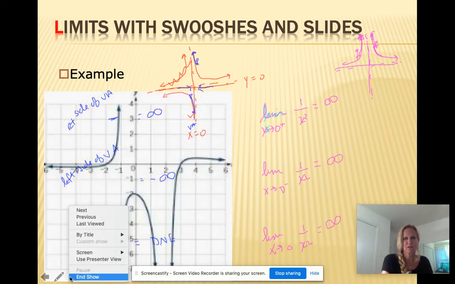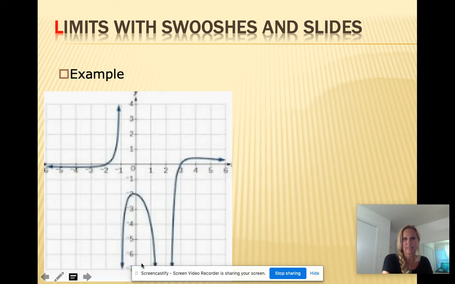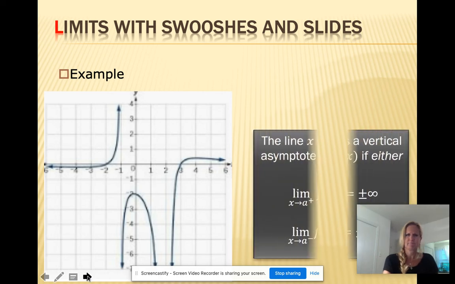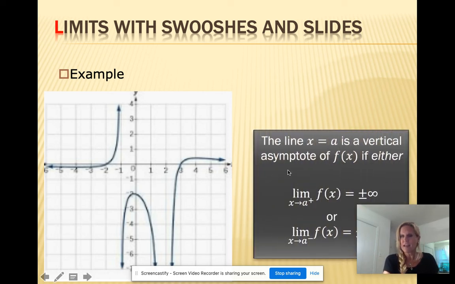So what do you think about this one? This is one I want you to think about. This is one that we will do in our live session together. The actual definition of a vertical asymptote involves limits, right and left-hand limits, to an infinity.